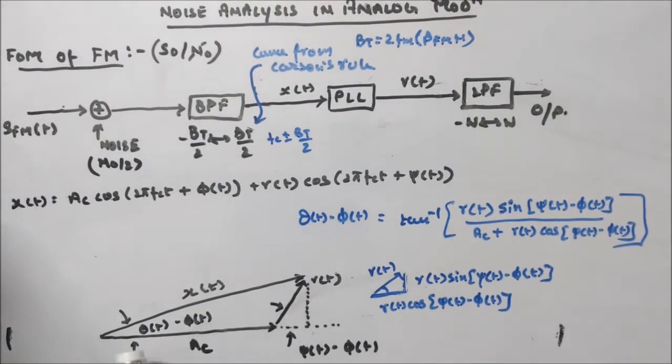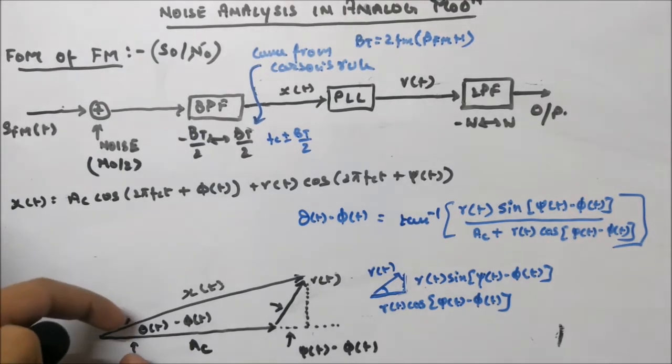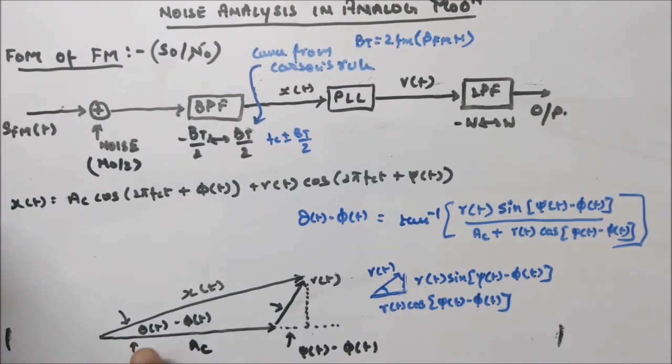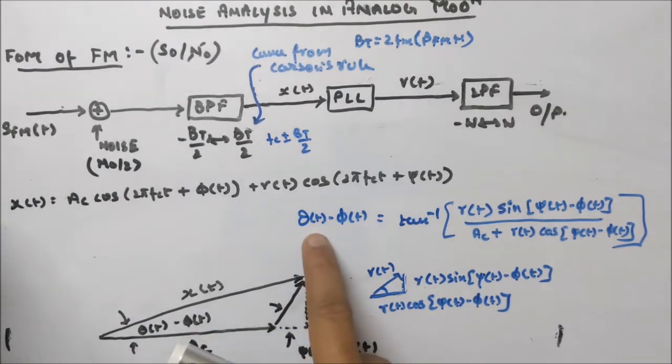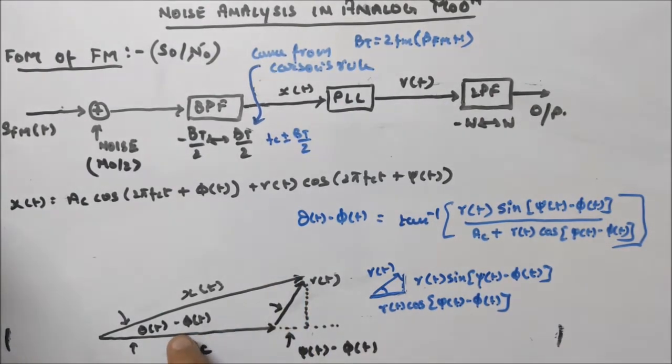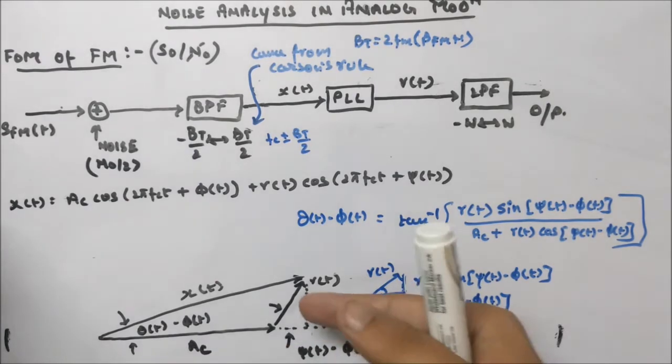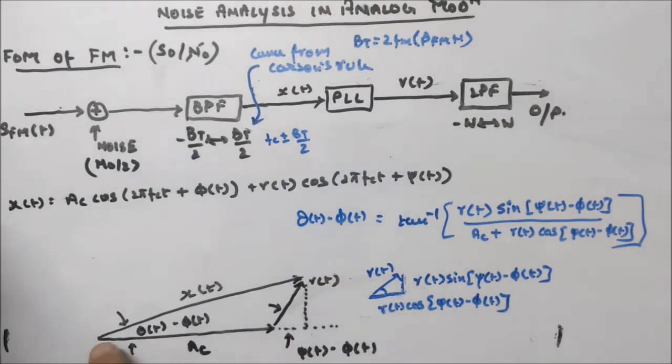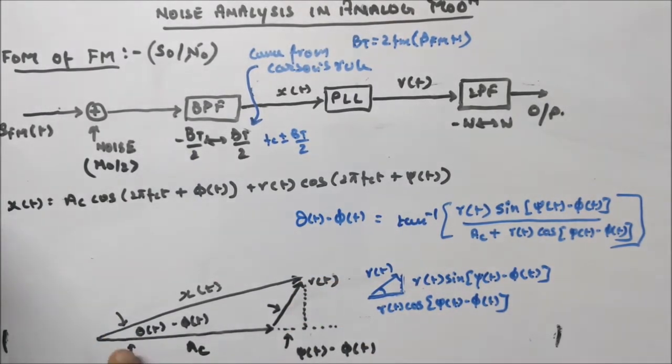Now look at this part here. This is the angle between these two. So that is theta minus phi t. You can calculate by using the tan relation. Perpendicular upon base is tan theta.